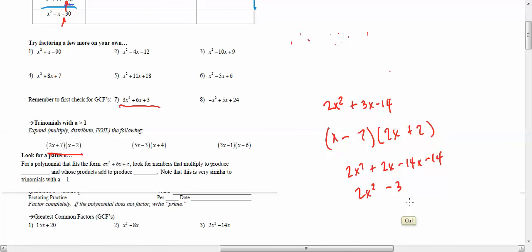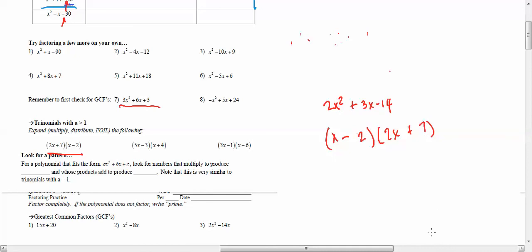What am I talking about? That would be minus 12x minus 14. That's not the same. That's not good. So I know that this is wrong. So what would I do? Well, to be honest with you, I tried negative 7, positive 2. Why don't I try negative 2, positive 7? You know what I mean?